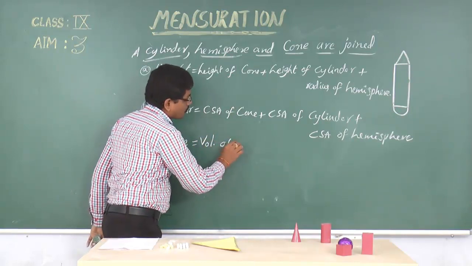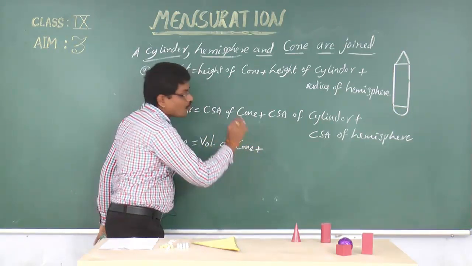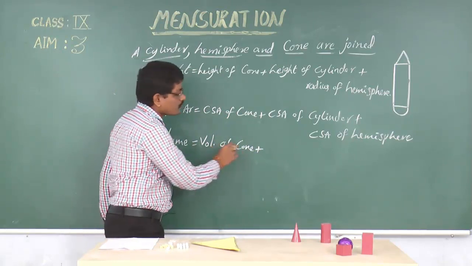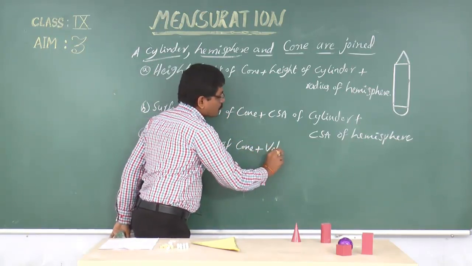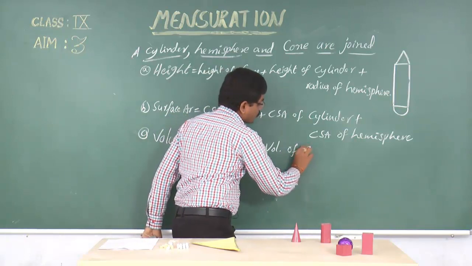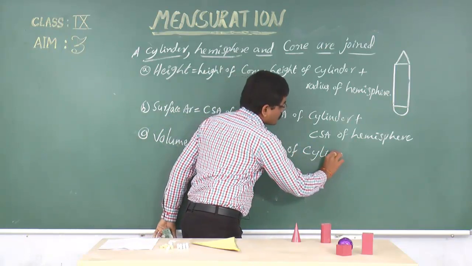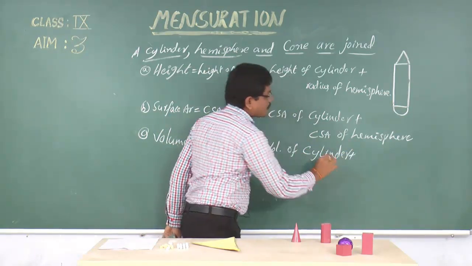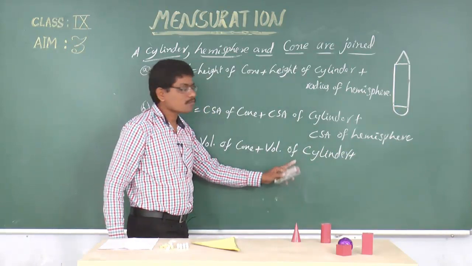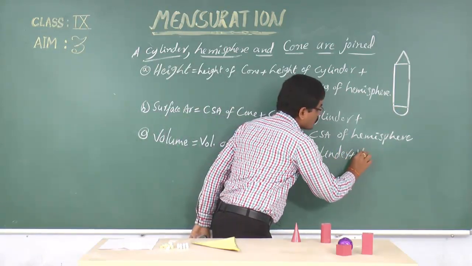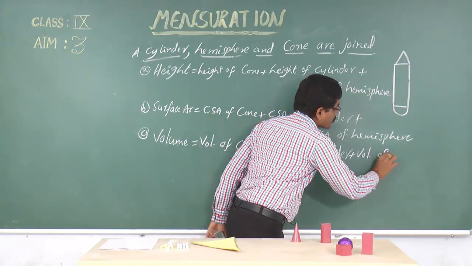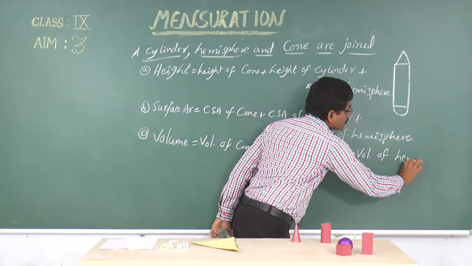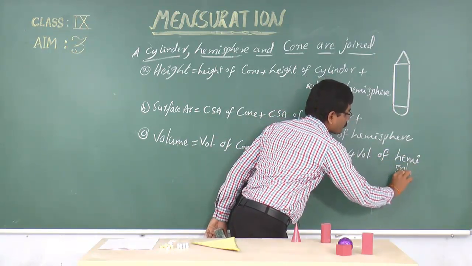Volume of cone plus volume of cylinder plus volume of hemisphere.